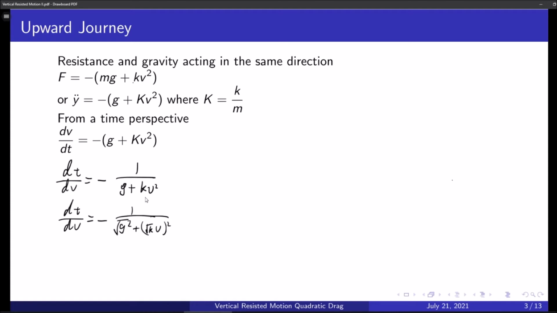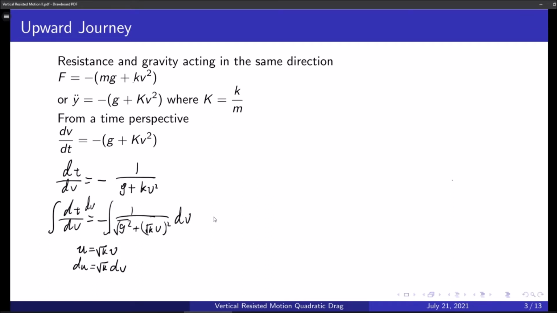Okay, because we have a function nested inside another function, we'll have to do a substitution. So if we want to integrate this with respect to dv, then we do the substitution u equals square root of k times v, so du equals square root of k dv.